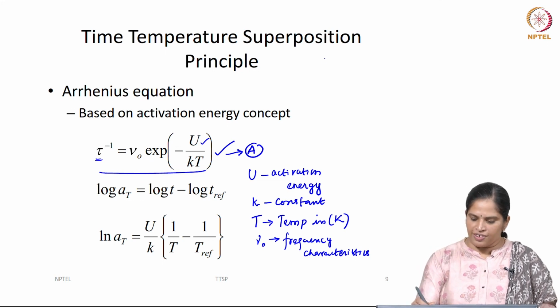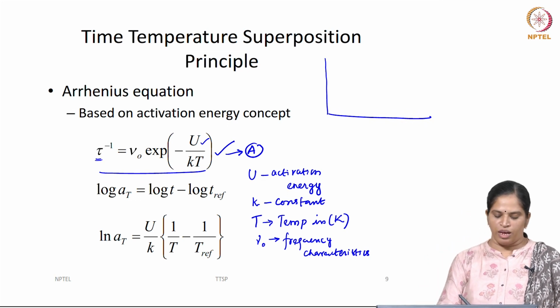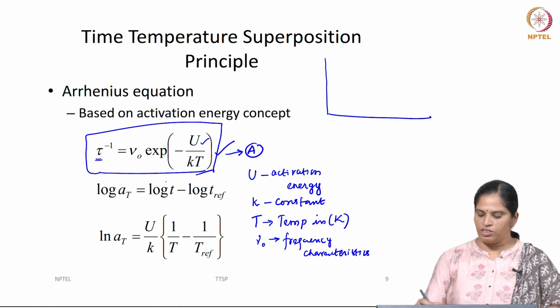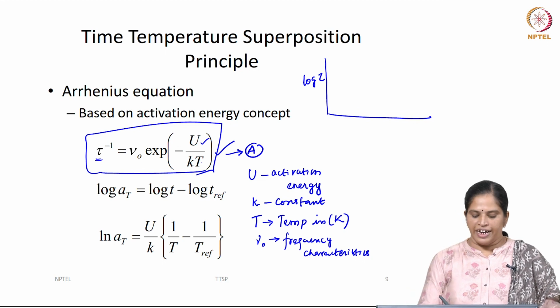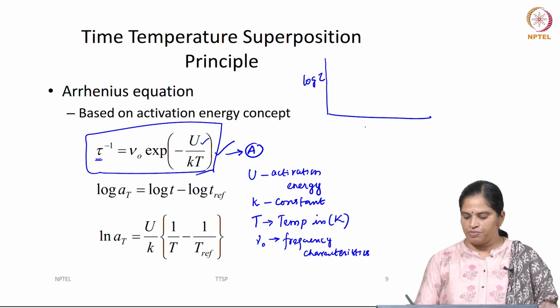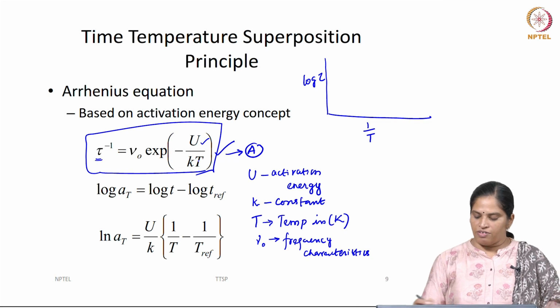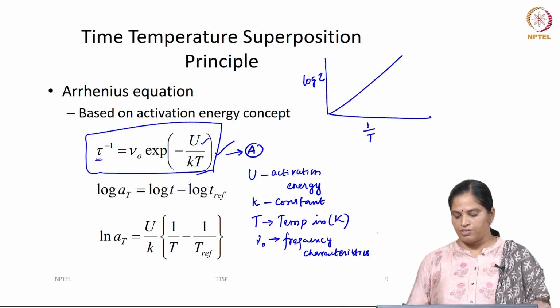Now, this function says that the inverse of the time function is related to an exponential function. If you take a logarithmic value of this equation, you will get log tau related to the inverse of temperature, 1 by T. On a logarithmic scale this becomes a linear function, so you get a straight line like this.